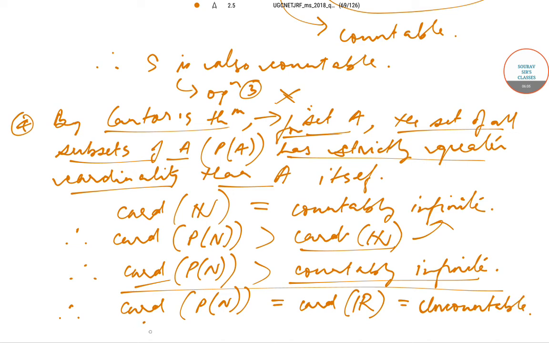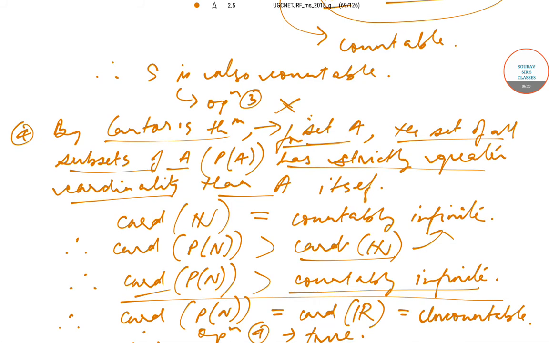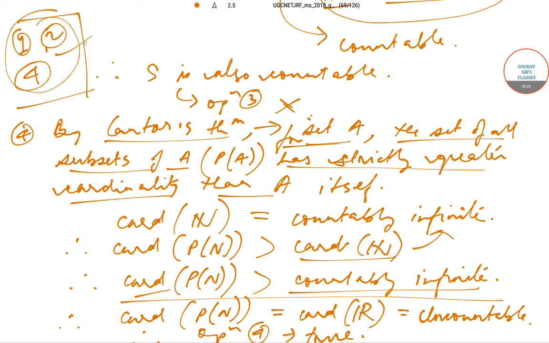So therefore option 4, which says that the set of all subsets of N is uncountable, is true. So the correct options, let me write it down over here, are option 1, option 2 and option 4. These are the correct options.